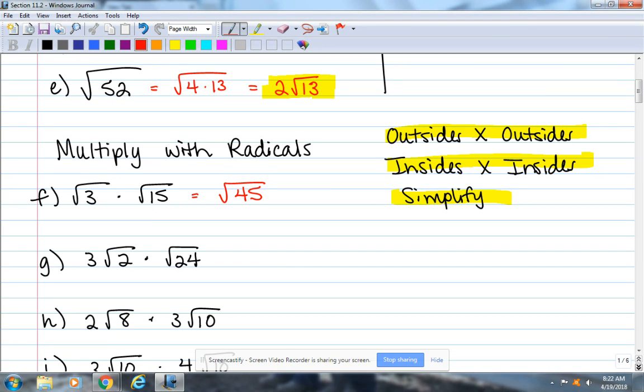We want to look for the largest square number that goes into 45. So which is the largest one of my squares that go into 45? 9 times what? So that's radical 9 times 5. And what's the square root of 9? So this one is 3 radical 5. So you multiply your two insides together and then simplify.